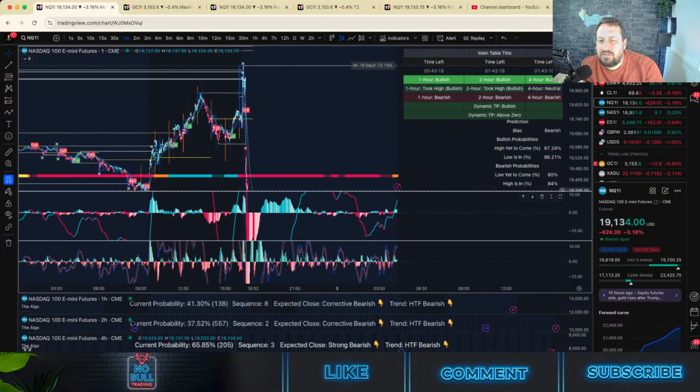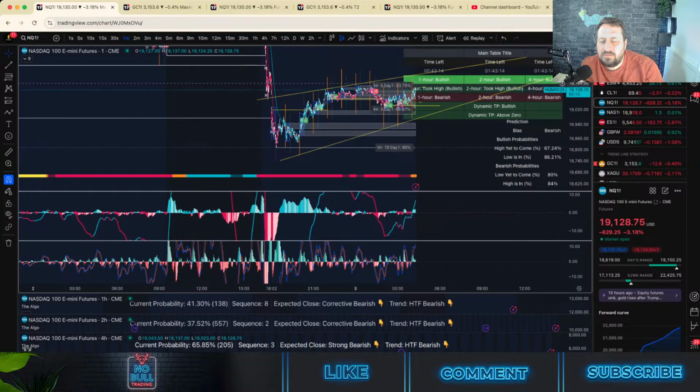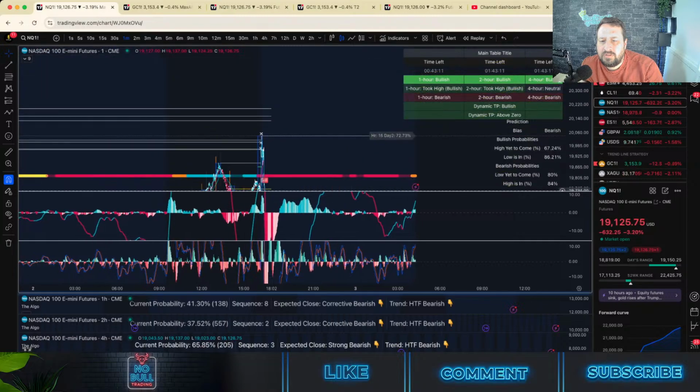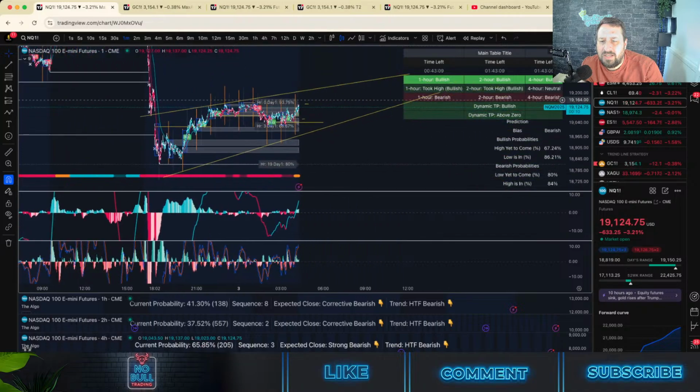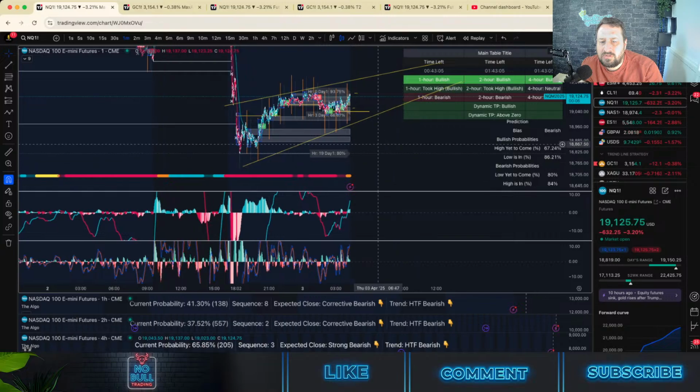NQ. So real great liquidity levels other than our internal ones.